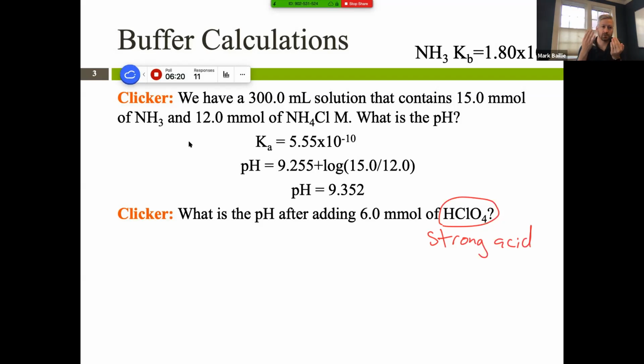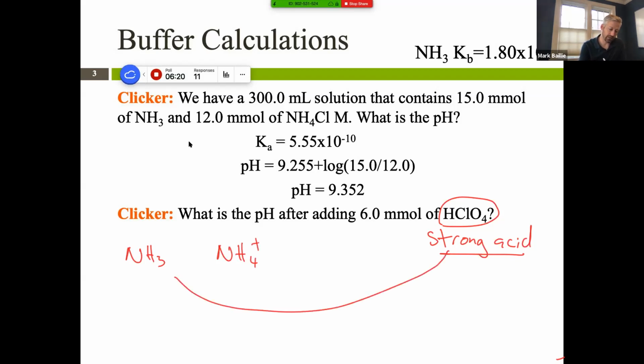If we add base, it's going to react with our weak acid. So if we can identify that we added a strong acid to a solution that has both a weak base and a weak acid, then this is only going to react with one of those two. And when it does, it's going to do a neutralization reaction.